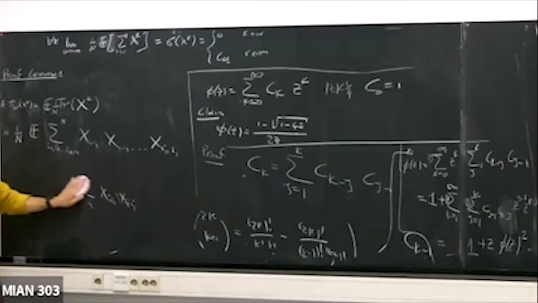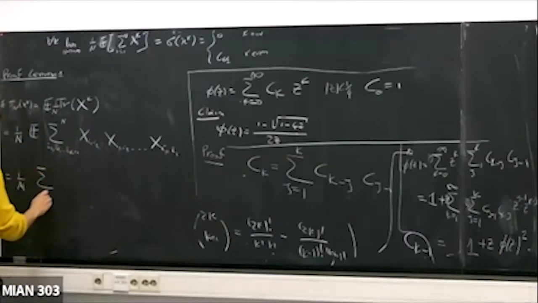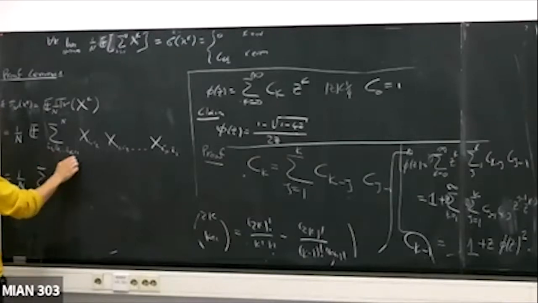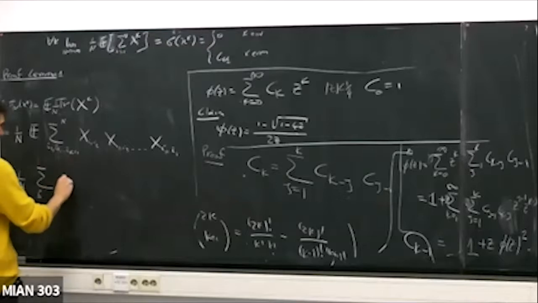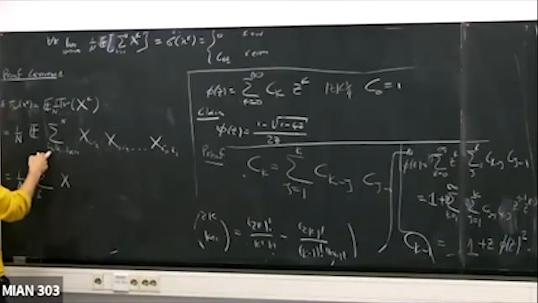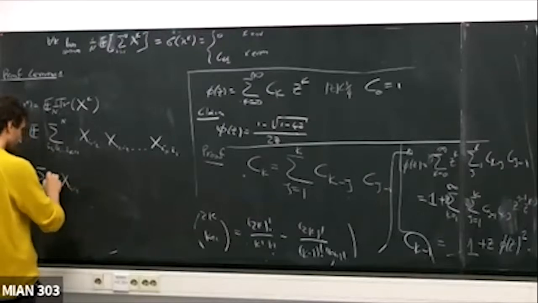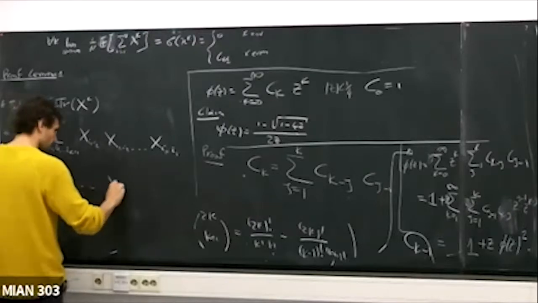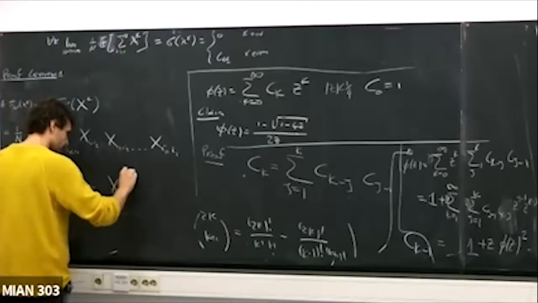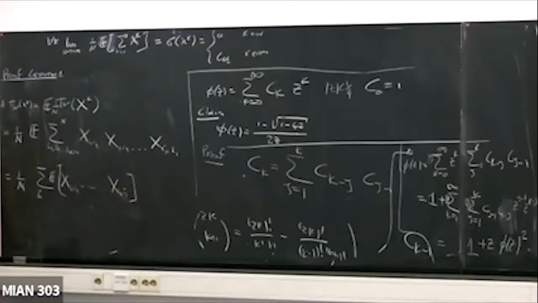So this is 1 over n, the sum over, let's denote this i, of words: each entry can be 1, 2, up to n, and they have length k. The expected value of x_{i1 i2} and so on up to x_{ik i1}. Good. Now, okay.